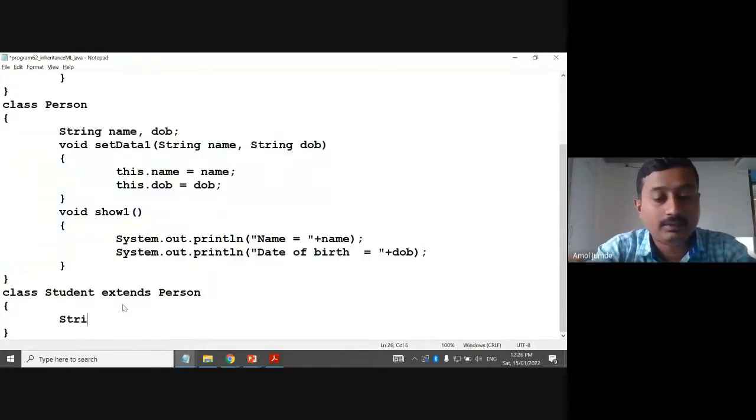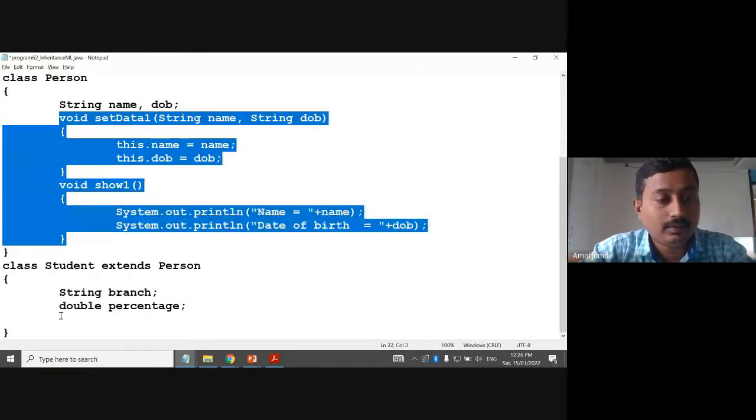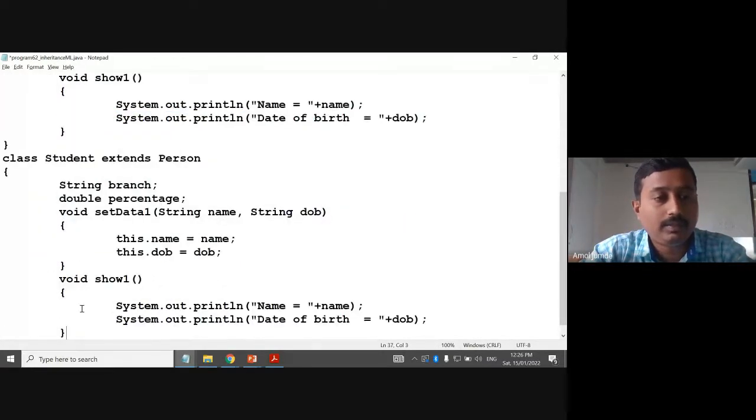Here we are going to write string branch and double percentage, and we'll be using the same name just two. So here we'll have branch.